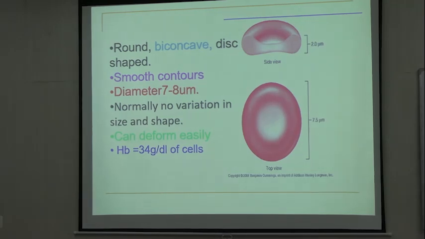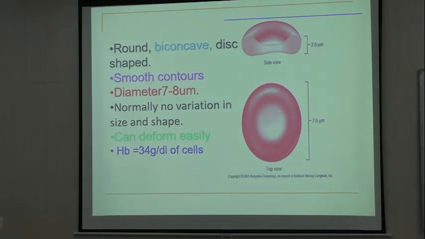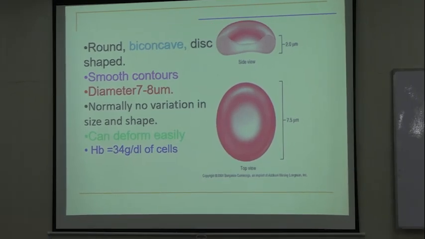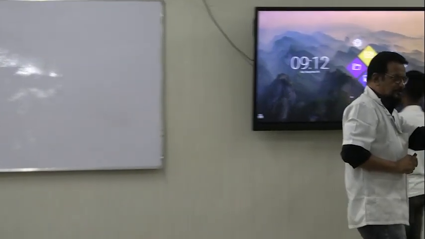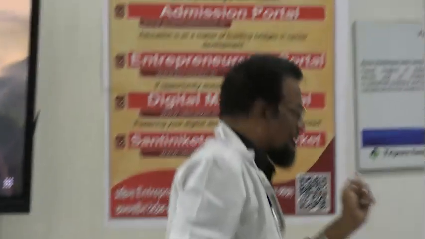Okay? And at the center it is thin. Flat, compressed from the bottom side, from the upper side. So here thickness will be less. It is 1 micron. How much? 1 micron.